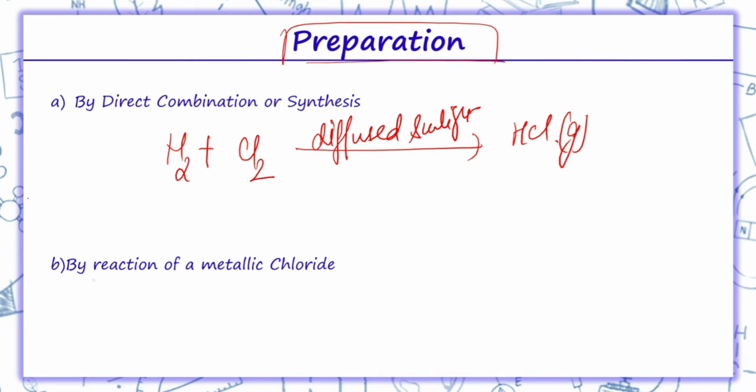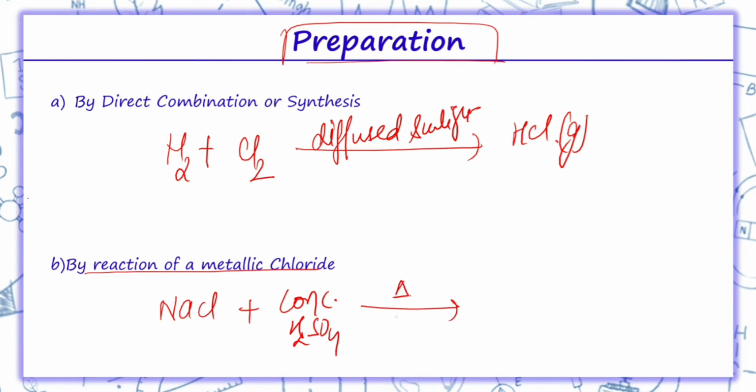Next is the reaction of a metallic chloride, NaCl. When it reacts with concentrated H2SO4 on heating at a temperature less than 200 degrees Celsius, NaHSO4 plus HCl gas is prepared.